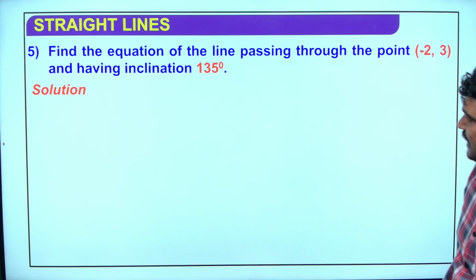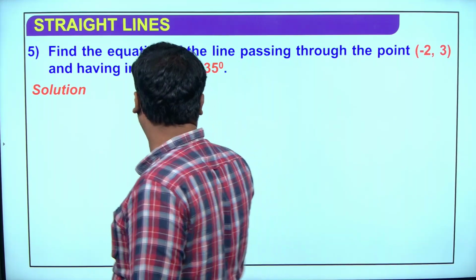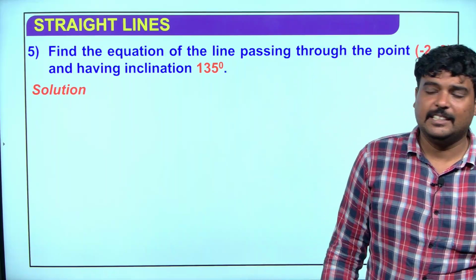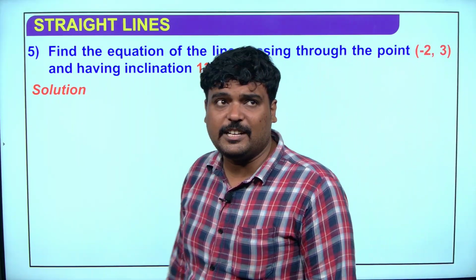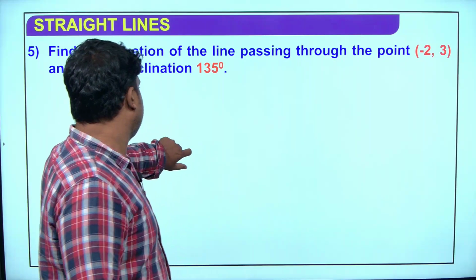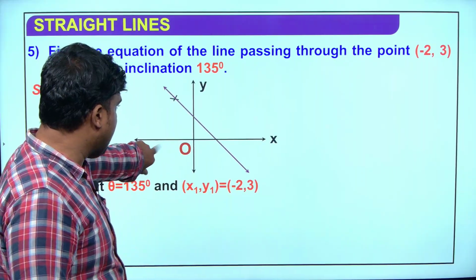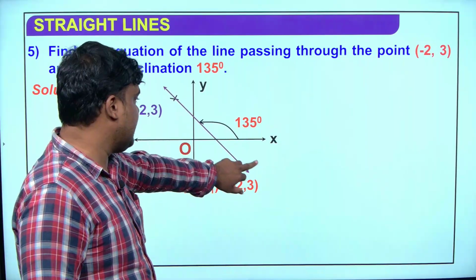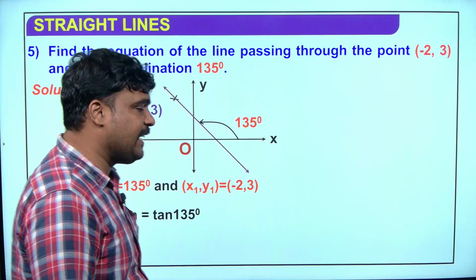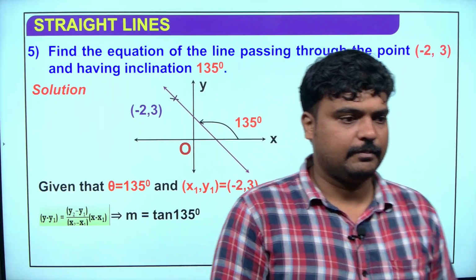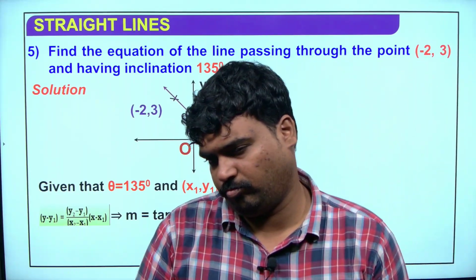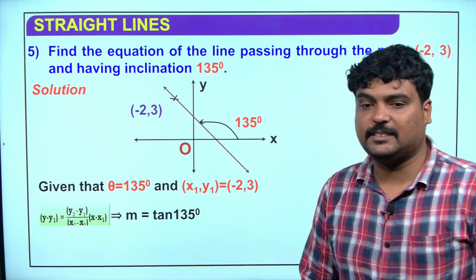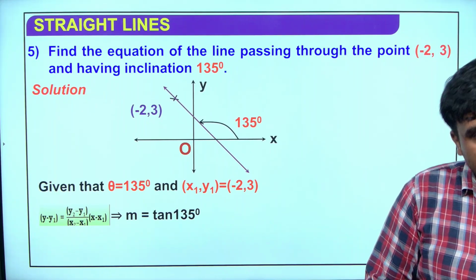Okay, guys, this is once again find the equation of line passing through the point minus 2, 3 and having the inclination of 135. Guys, if it is 135, what I have to do? What is tan 135? 135 can be written as 90 plus 45.